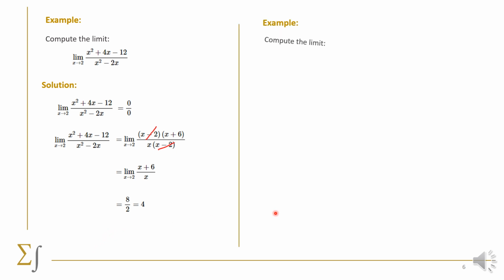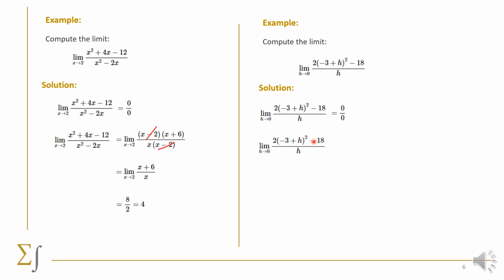Another example, compute the limit. We have the limit as h goes to 0. Again, a rational function. In the numerator, we have 2 times minus 3 plus h, all squared, minus 18, all over h. If we plug in h equals 0, we will get 0 over 0. We need to get rid of the 0 factor, so we will open the square bracket in the numerator and see what's next. Here we open the bracket and multiply term by term by 2.